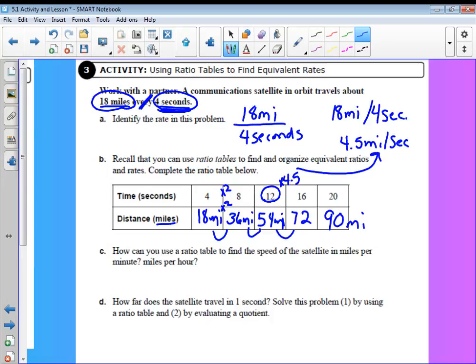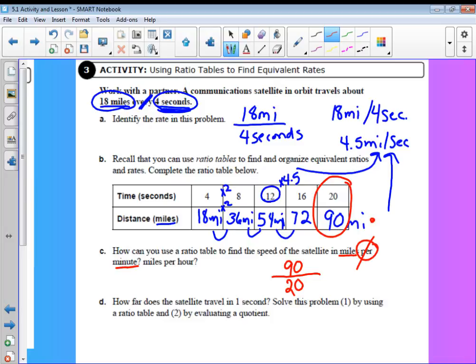How can you use a ratio table to find the speed of the satellite in miles per second? We already did that when we broke it down up above in letter A. The other method is we could take any of these out of the table. I'll take this last one, and we could set it up in the order that it was stated: miles per, which would be our slash mark, and seconds. So my miles was 90 per 20 seconds.